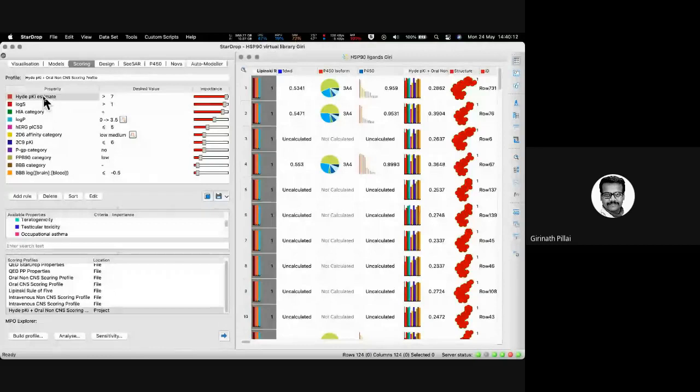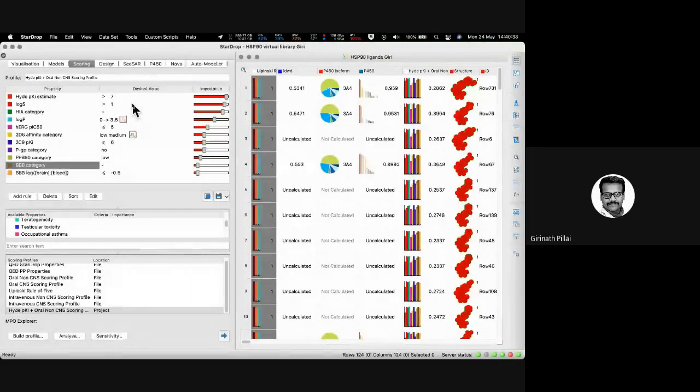For the pKi estimate, I have taken it from the activity data, then logS, that is aqueous solubility, HIA, human intestinal absorption, partition coefficient, cardiotoxicity, 2D6, 2C9 P450 isoforms, PGP and PPB, and blood-brain barrier. These are all predicted from the package.